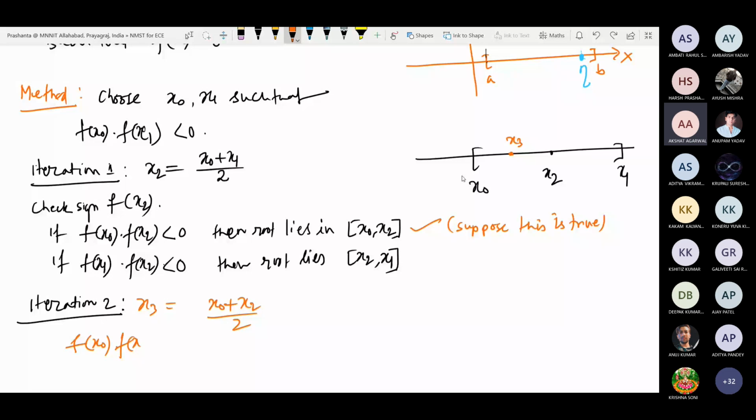Anyway, we will calculate a few more things. You have to check f of x0 into f of x3, and also f of x2 into f of x3, and their signs.